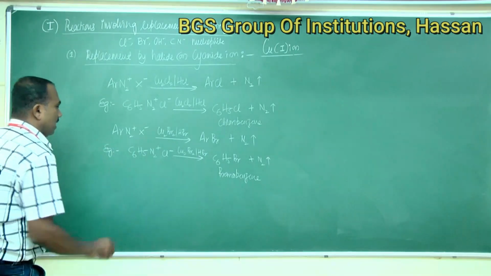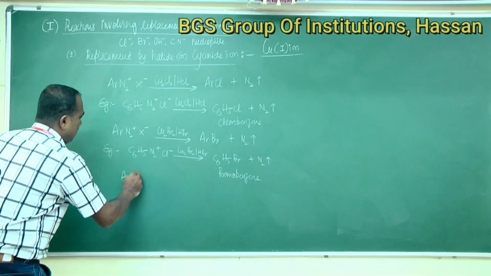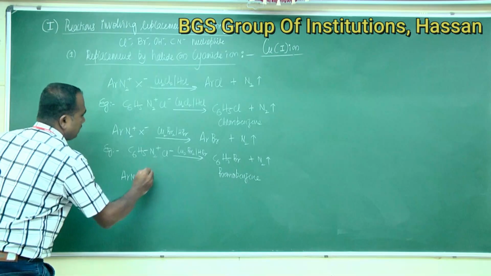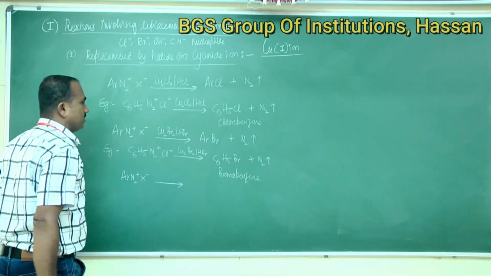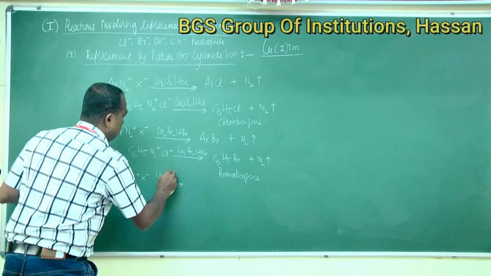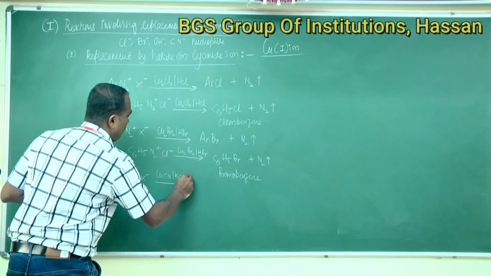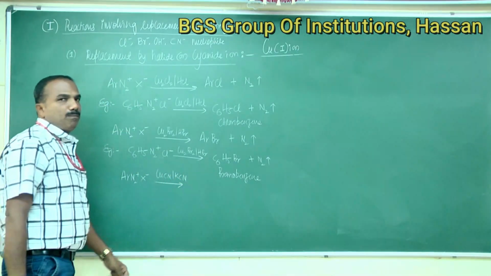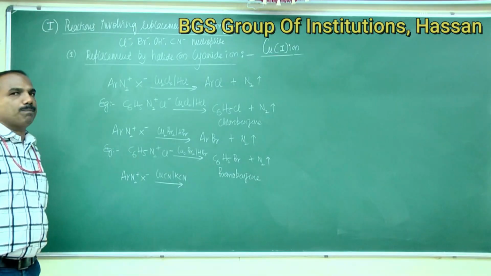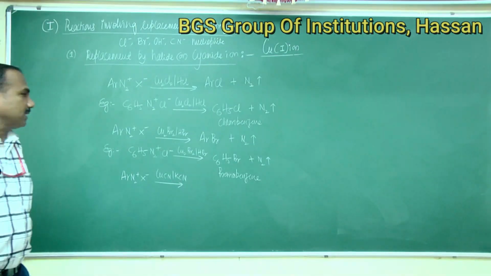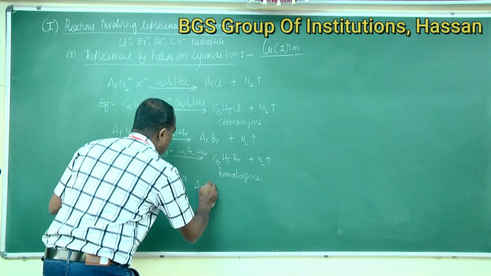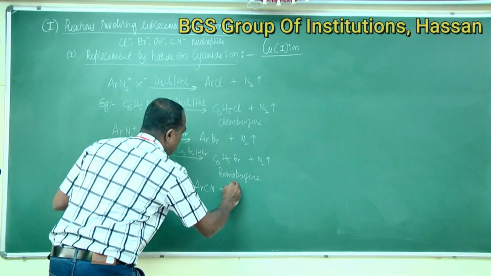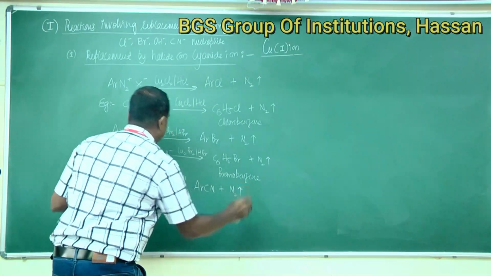And the third one is ArN2 plus X minus, aromatic diazonium salts, on treating with CuCN in presence of potassium cyanide, cuprous cyanide, gives ArCN plus N2 gas.